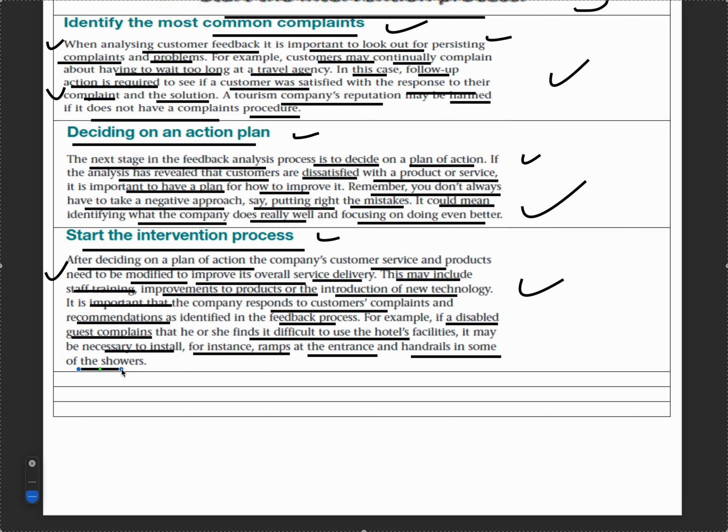So in this case, someone who is disabled can operate in the hotel you own in the manner they would love. You need to have services they can use with a wheelchair, like ramps, and a lift they can use in the shower, so they can do anything a normal person does. That's the intervention, what you do after the complaint.